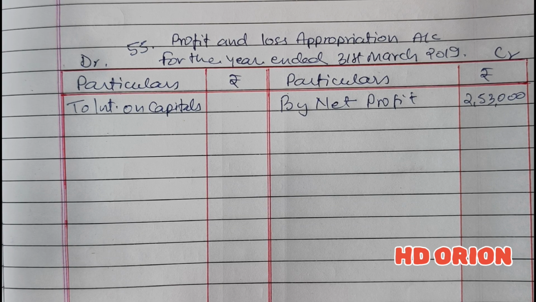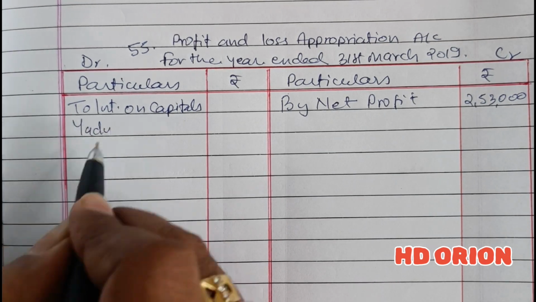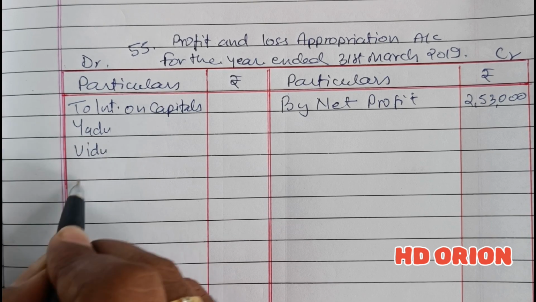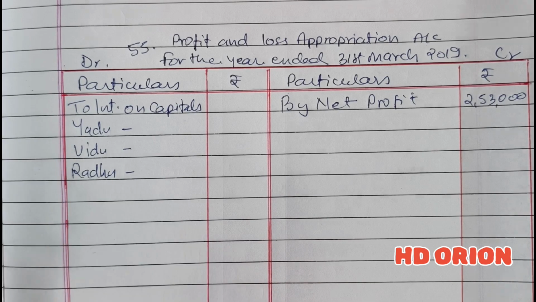And interest on capital is 6%. So to partner Yadu, Vidu and Radhu, 6%.